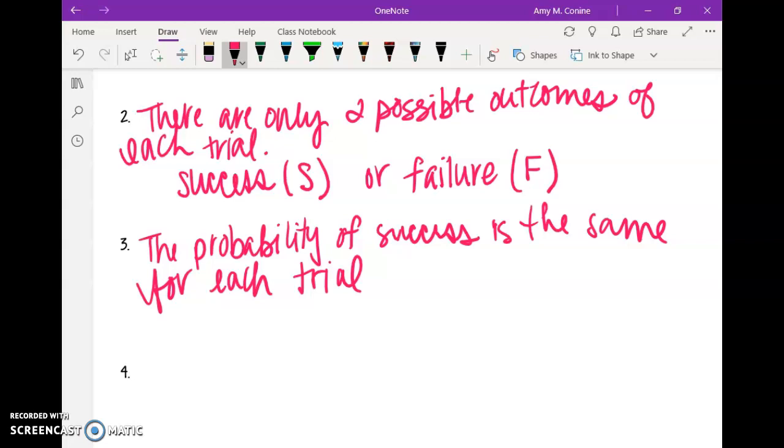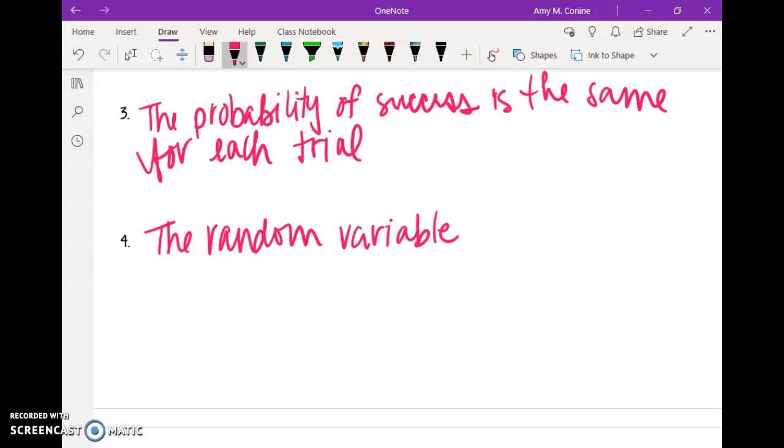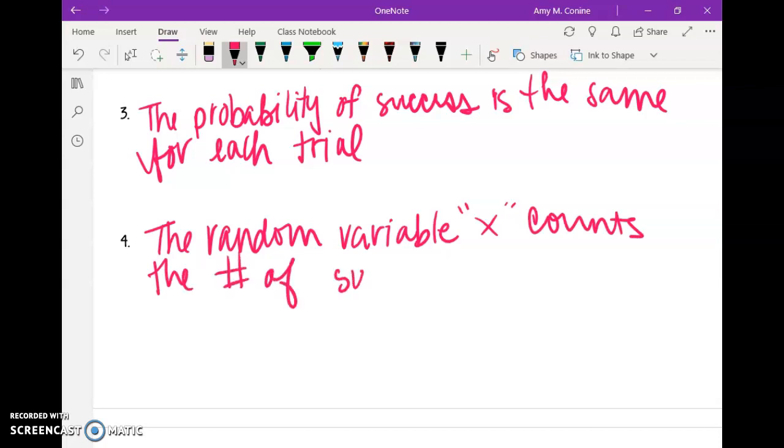And then the last one, the random variable, which we use X, counts the number of successful trials. Okay, so those are the 4 things.